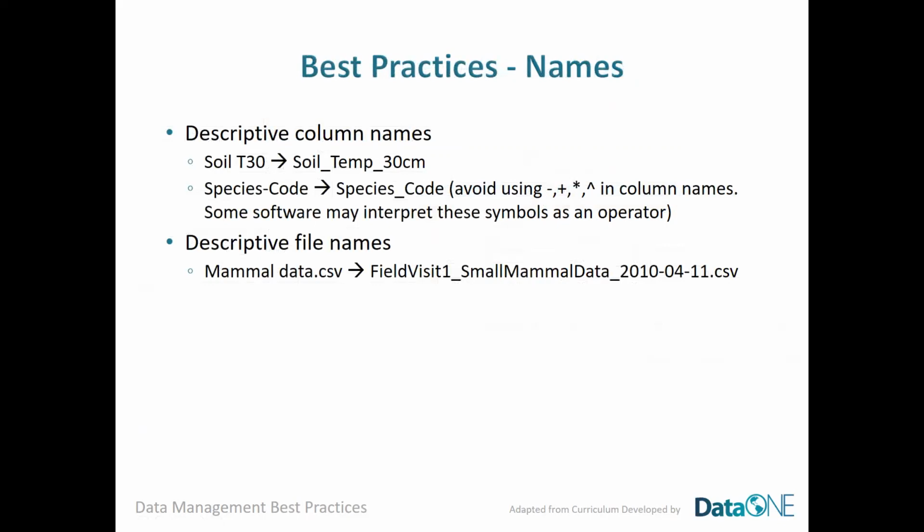And we know it's April 11th rather than November 4th because this file name uses the standard ISO date format, which is always a 4-digit year, followed by a 2-digit month, followed by a 2-digit day. And this name is much more helpful than the file name mammal data.